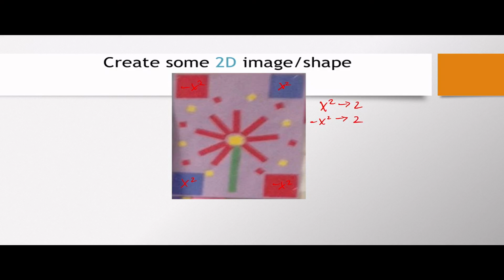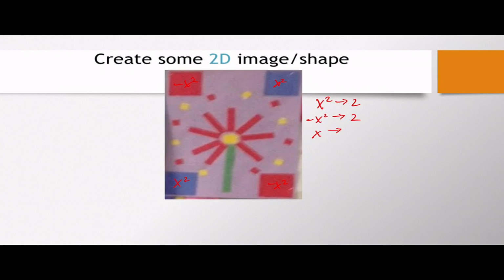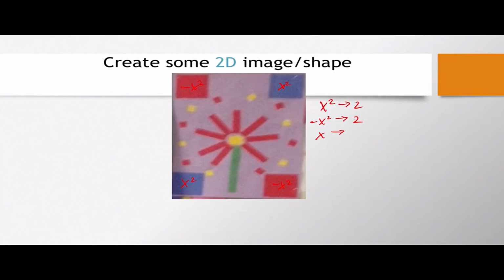And what we have next is x. How many x tiles are there? We have 2 here. They're green sticks. Negative x is the red ones, so negative x, negative x, negative x. They're all around here, and I think that's all of them.